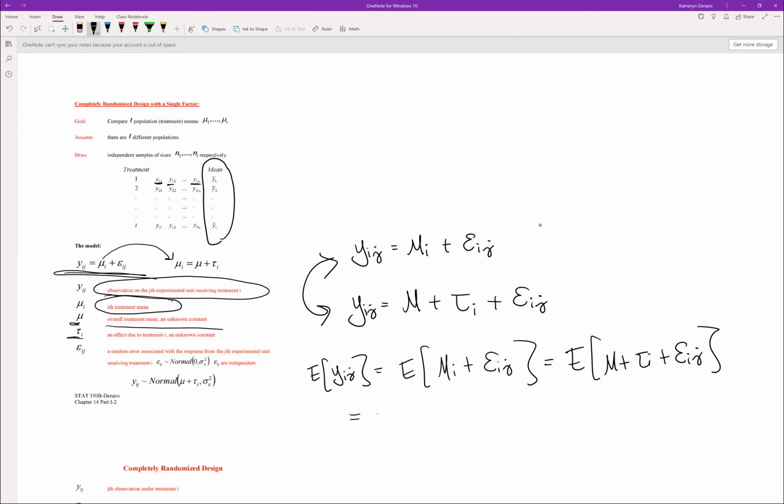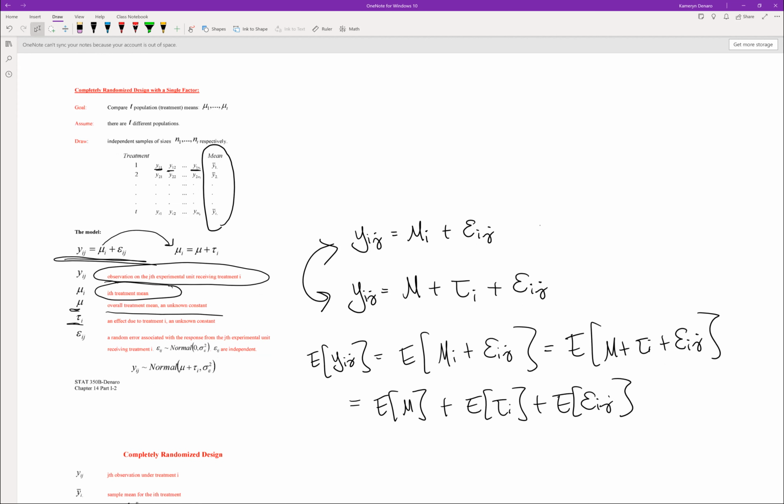And we can pull that expected value through this linear combination: expected value of mu plus the expected value of tau I plus the expected value of epsilon ij. Well, remember that mu is an unknown constant, so the expected value of mu should just be mu. And then the expected value of tau I, once again, that's an unknown constant, so that'll be tau I. Then the expected value of epsilon ij equals 0. So when we're talking about the expected value of Yij, we just get mu plus tau I.